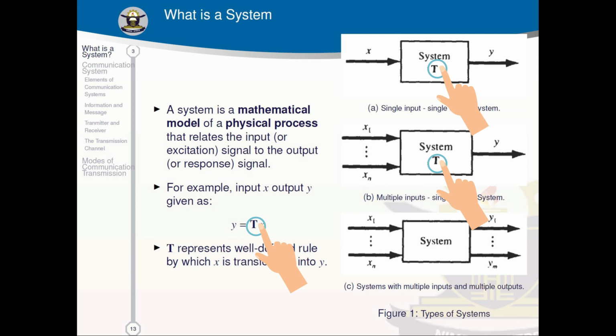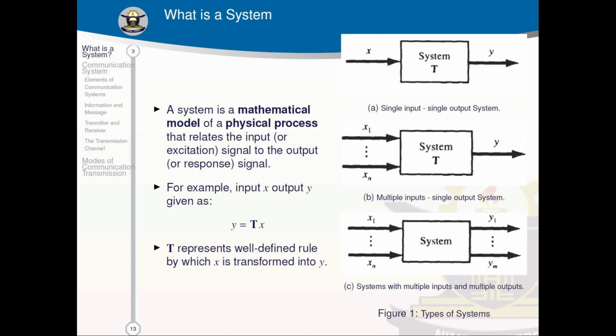And we signify the system with the letter T, as shown in figure 1. When the processes T occur on the input X, they produce the output Y. And so the system is a well-defined rule by which X, which is the input, is transformed into Y.